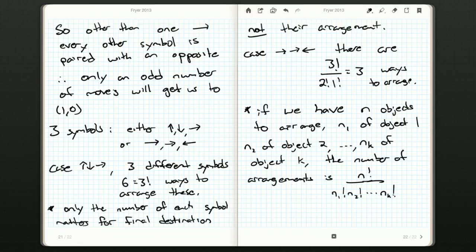And that's the general way to arrange n objects where you have identical copies. Okay.